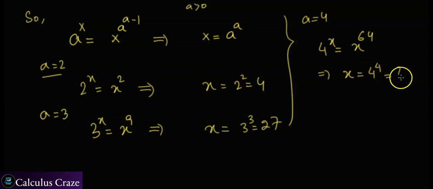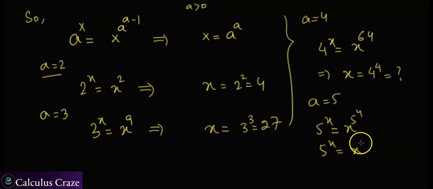You calculate this. And if someone takes a to be 5, then the equation will be 5 to the power x equal to x to the power 5 to the power 4. So 5 to the power 4 is 625. So 5 to the power x is equal to x to the power 625, and in this case the solution should be x equal to 5 to the power 5, which is 3125 if I'm not wrong.